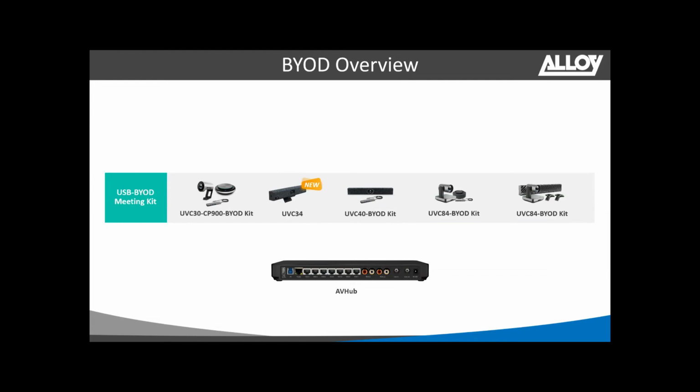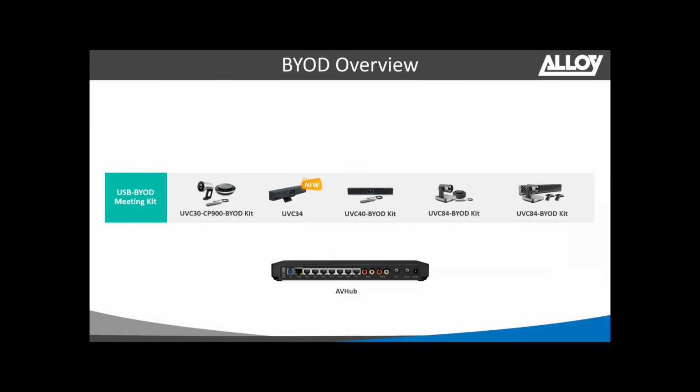So in that first example, the UVC30, you'd have the HDMI connecting to your PC, the UVC30 and the CP900 connected to the USB-A ports on the BYOD box, and then USB-C from the BYOD box to your PC. That would allow all devices to connect to your PC with a single cable.